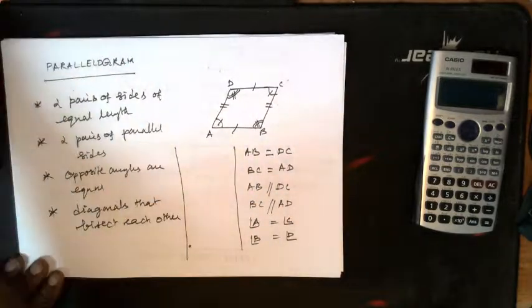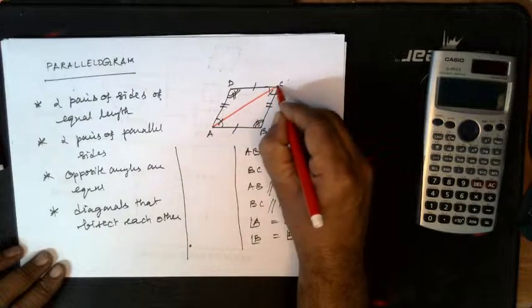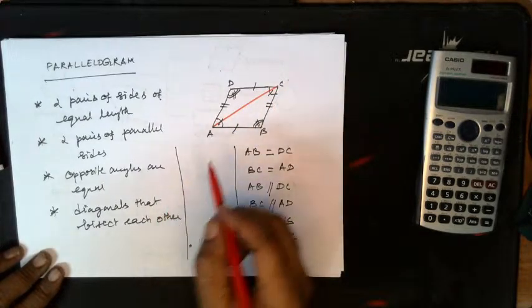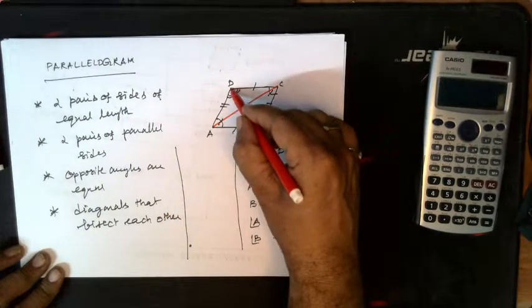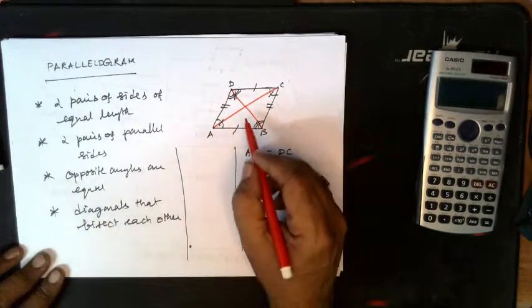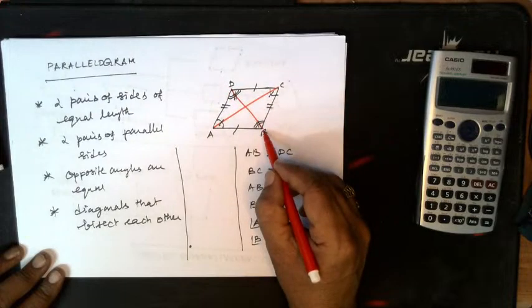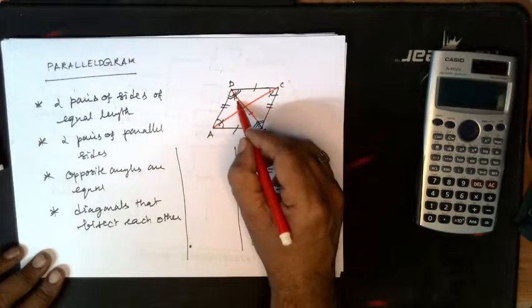Now you have the diagonal AC and another diagonal BD. Here AC divides BD equally, correct?